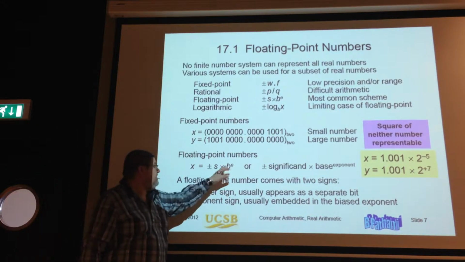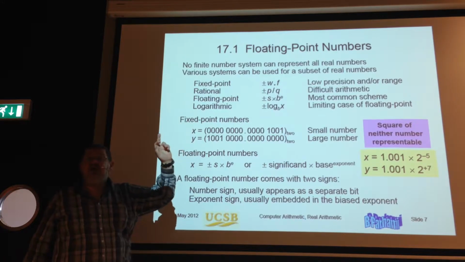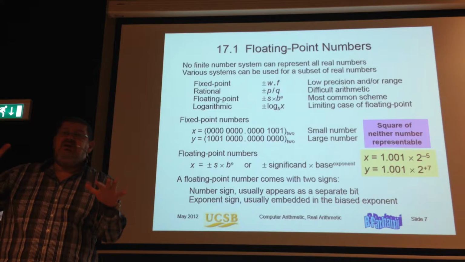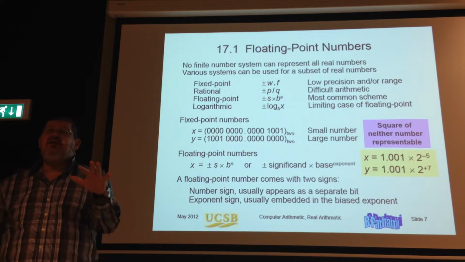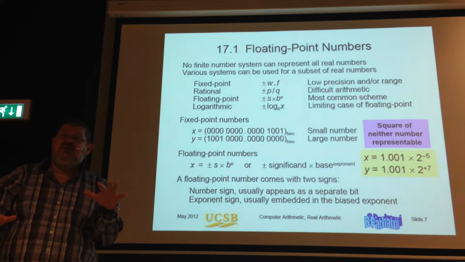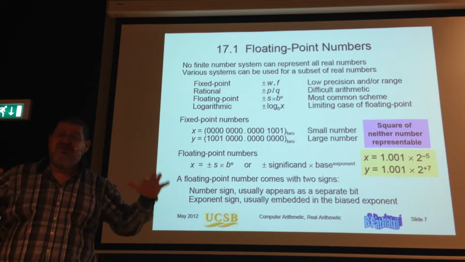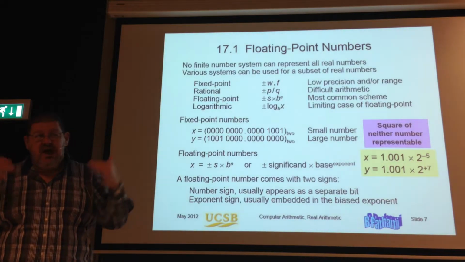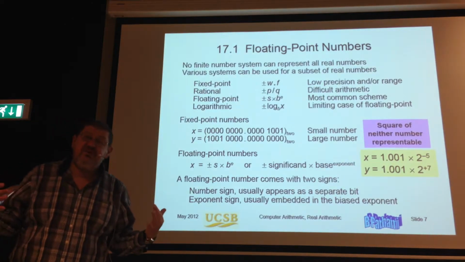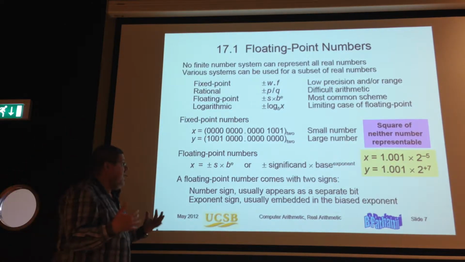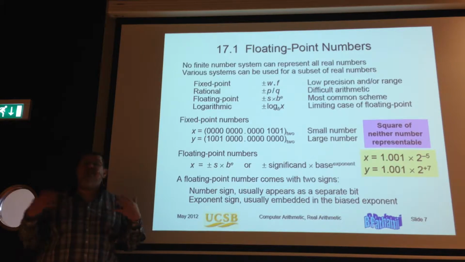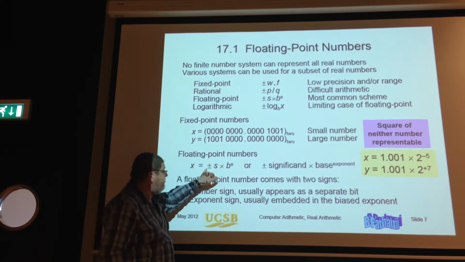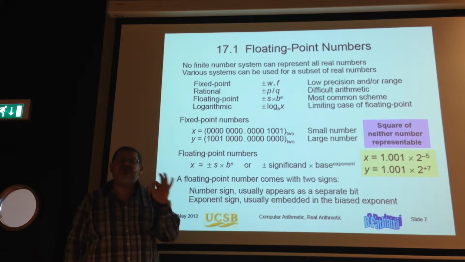I add the exponents and I multiply the significands. So in order to do floating point arithmetic, I'm building upon what I have, the integer arithmetic, augmented with other units which take care of the exponent and take care of what we call the normalization, because this significand has to follow some kind of standards.